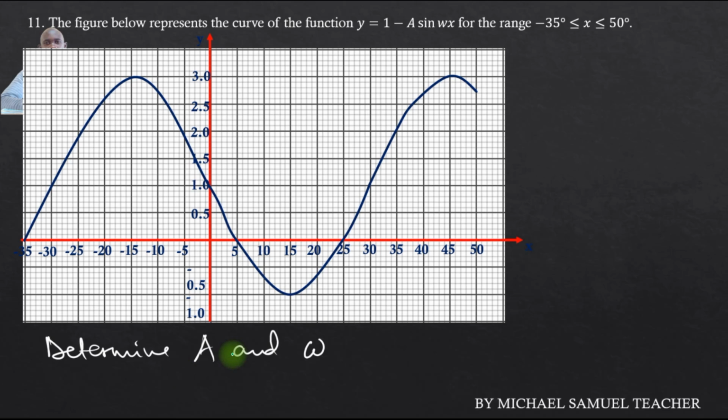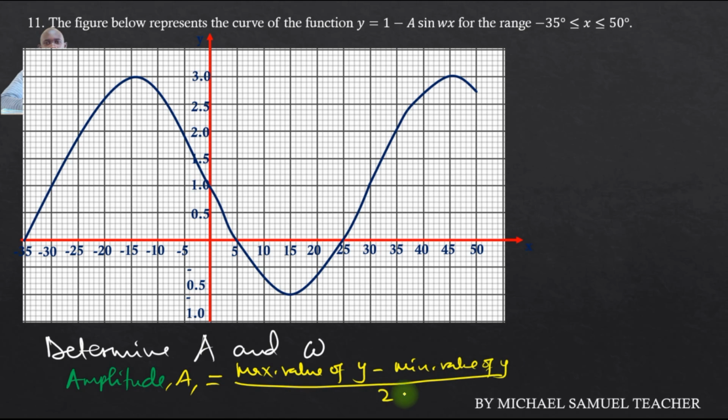So amplitude A will be given by the maximum value of y minus the minimum value of y, divided by 2, and in that case it is 3 minus, so here we have actually minus 1, divided by 2, so 4 over 2, so we get 2.